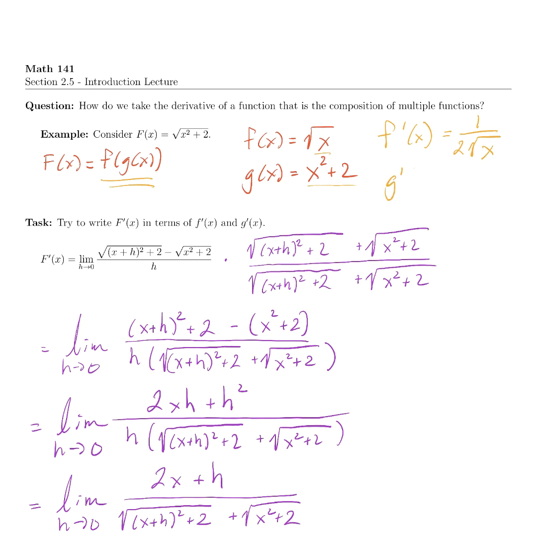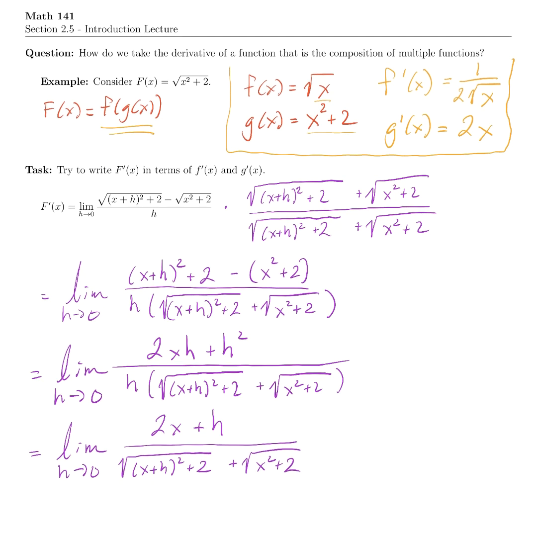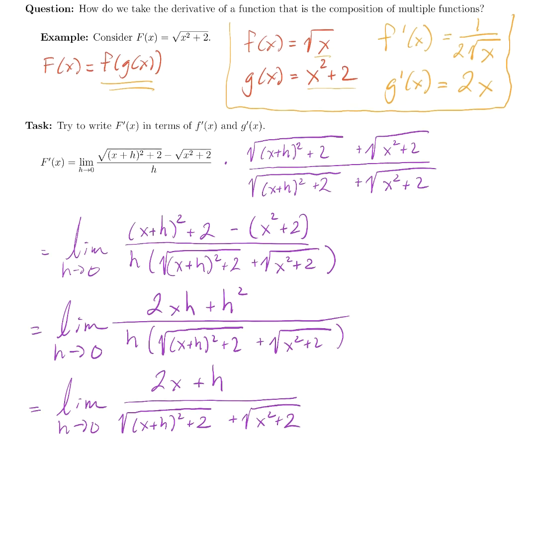And g prime of x is just 2x. Okay, so let's keep these four functions in mind: f, g, f prime, and g prime. And our job is to try to write the derivative of capital F in terms of those four functions.